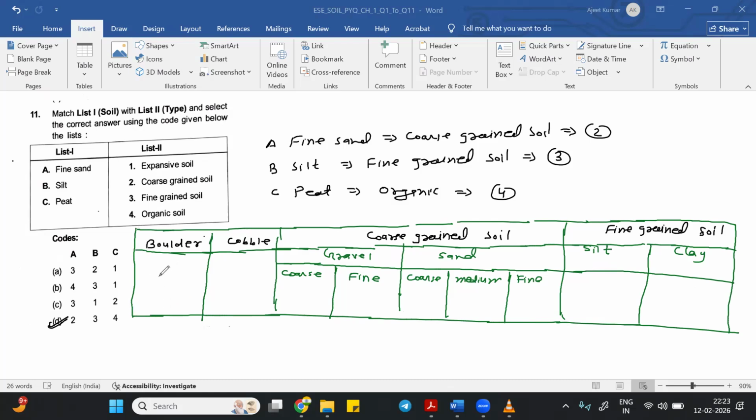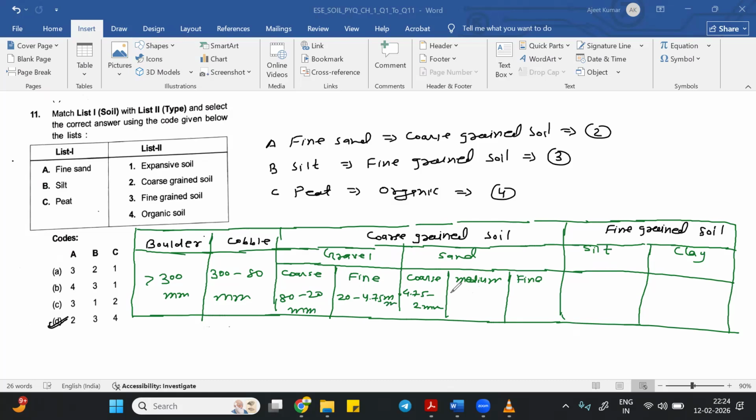So boulder size is greater than 300 mm. Cobble is between 300 to 80 mm. For gravel, coarse is 80 to 20 mm, and fine gravel is 20 to 4.75 mm. Sand, that is coarse sand, is 4.75 to 2 mm.